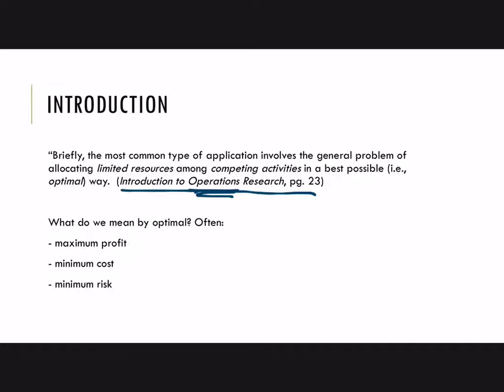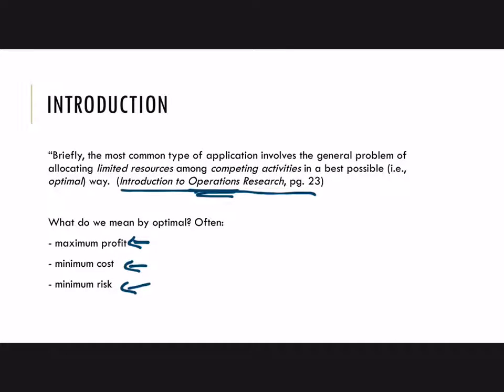The most common type of application now for linear programming involves the general problem of allocating limited resources among competing activities in a best possible way. We call that best possible way an optimal way. Sometimes this means a maximum profit, sometimes it means a minimal cost, or sometimes it means a minimal risk.